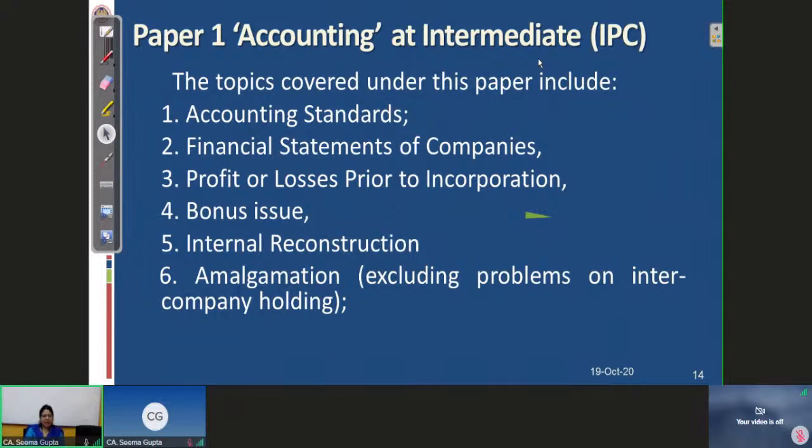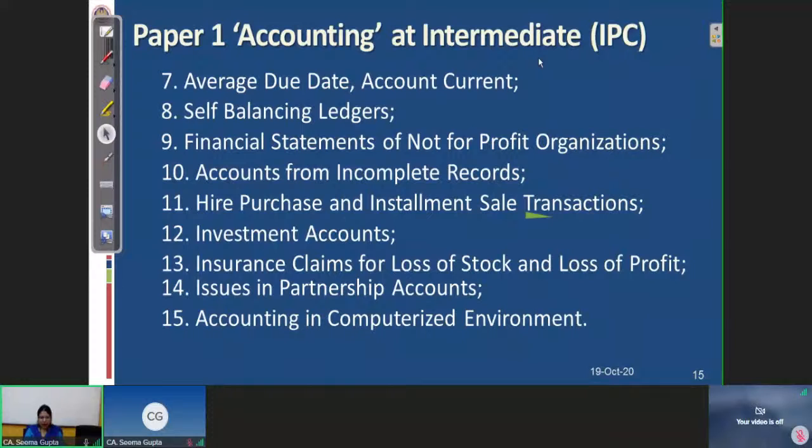Then we have average due date, account current, self-balancing ledgers, financial statements of NPOs, accounts from incomplete records, hire purchase and installment sale transactions, investment, insurance claim for loss of stocks and loss of profit, partnership and accounting in computerized environment. So there are 2 modules, and we have to consider what type of question may be asked from which particular topic. Now come back to the first list.